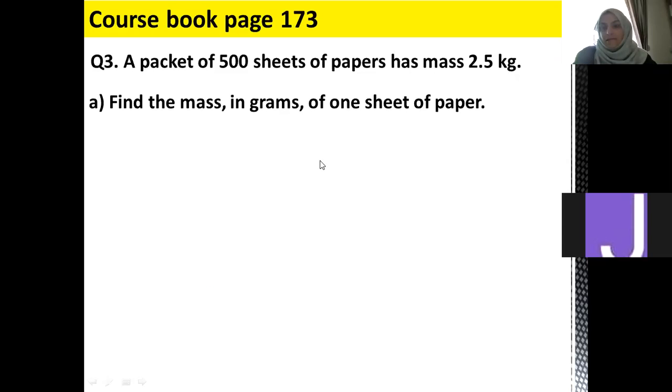Which will give us 200. Then we are going to multiply it by 1,000, so it will be 200,000 grams. One sheet. No, what are these you got, Taha? These are for 1 kilogram.